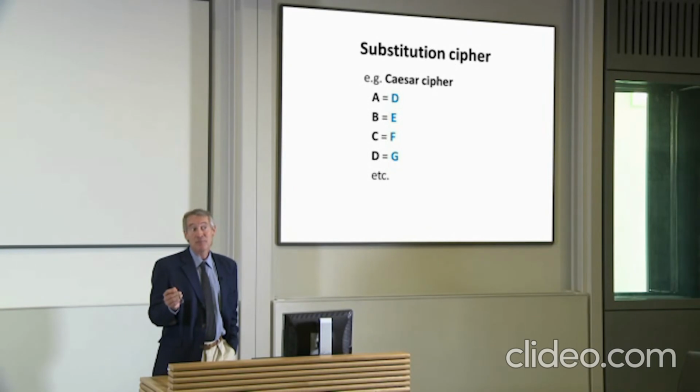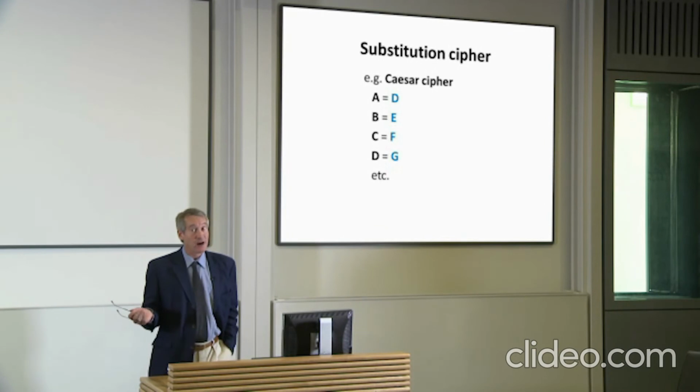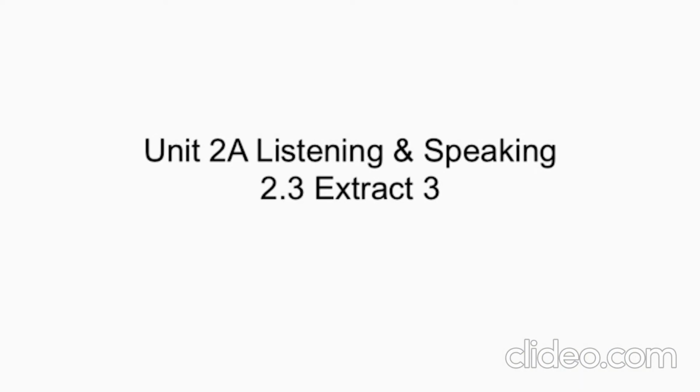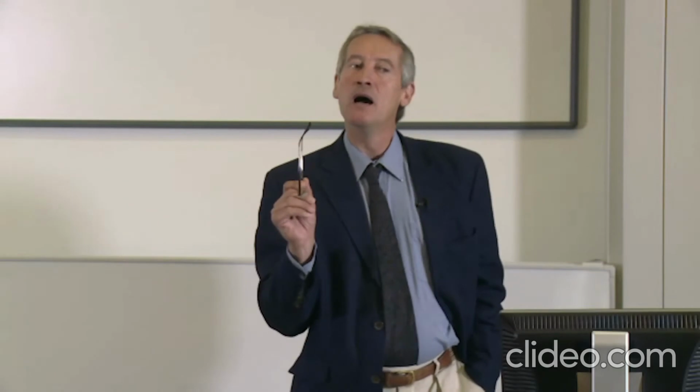So for the very simple example that I gave you before this lecture, the answer is... but without a crib, complex substitution ciphers were very difficult to break.